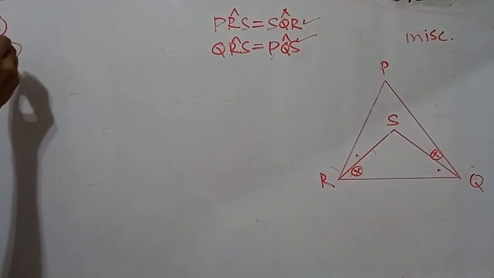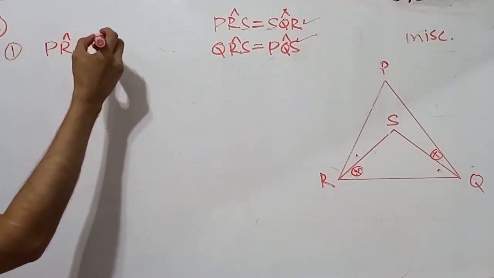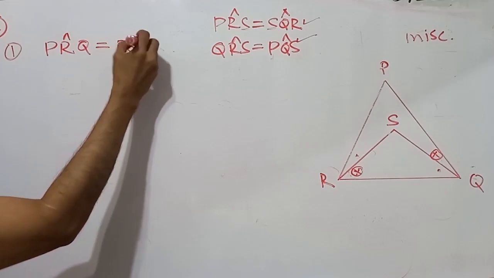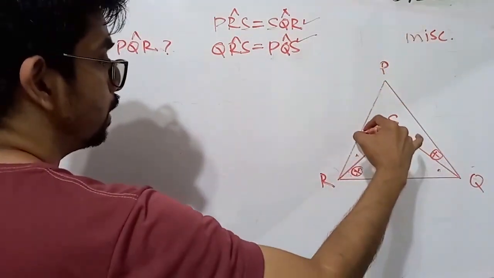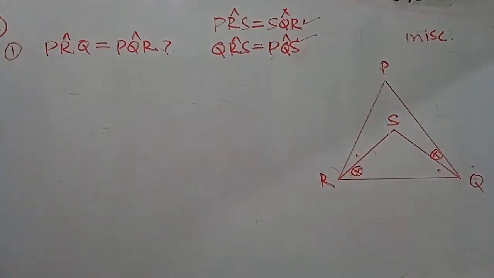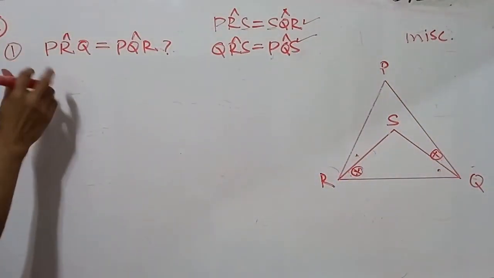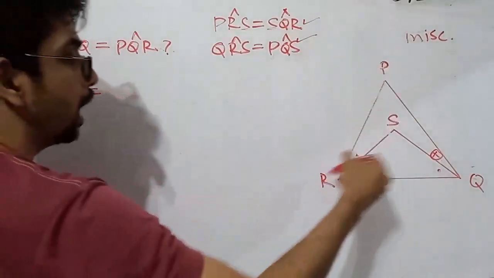So in the first part, we have to prove that PRQ is equal to PQR. PRQ, that means this entire angle is equal to PQR. Right? So we will take PRQ. What is that? PRQ.